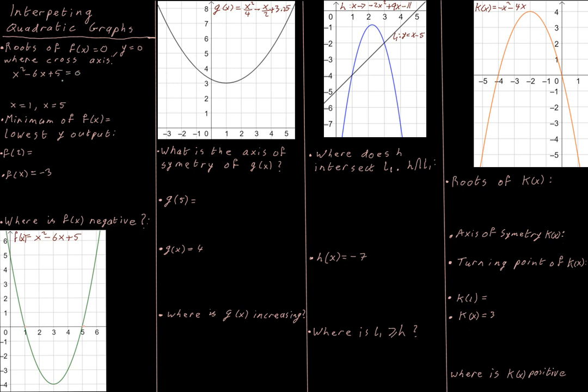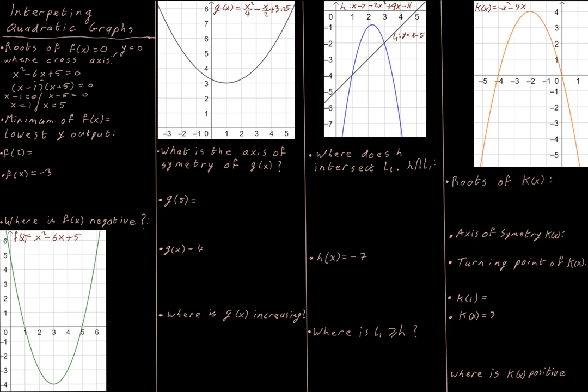Where is the y output? And what are the values of x that would make our y output 0? And we would be able to factorize this quadratic in order to find our values of x. From the graph, we know that our answer is going to be x is equal to 1 and x is equal to 5. And I'll write out the steps here.